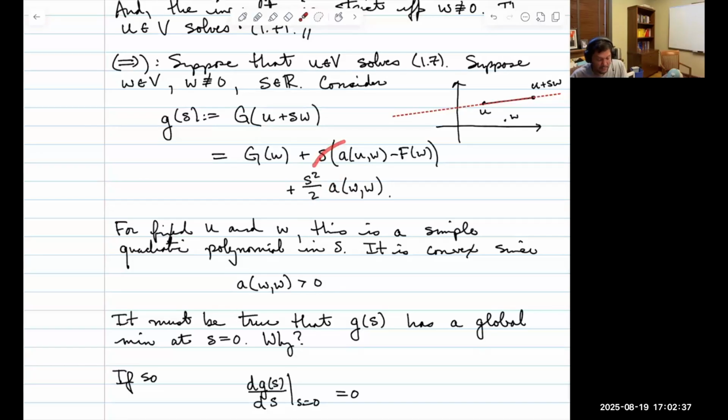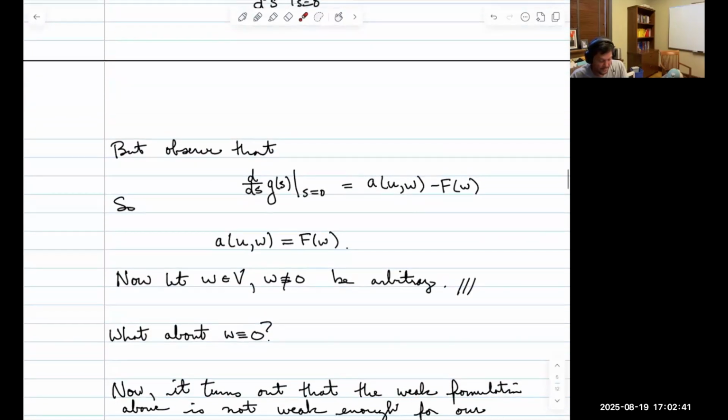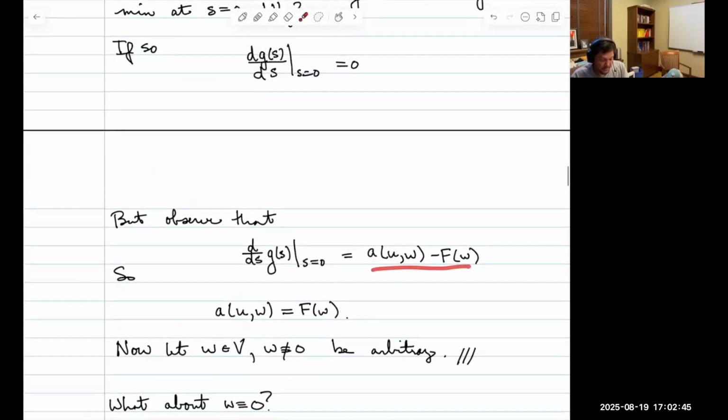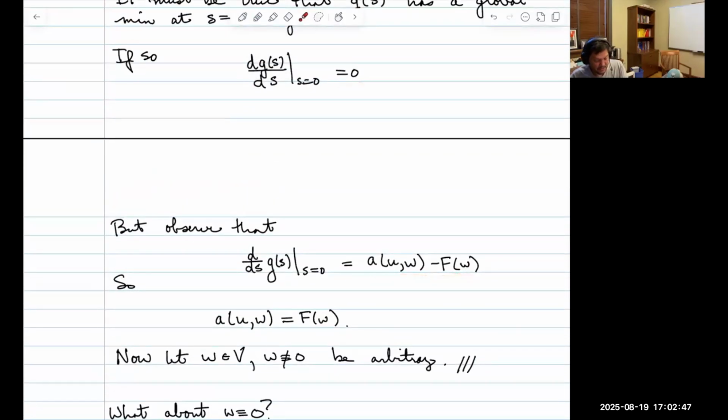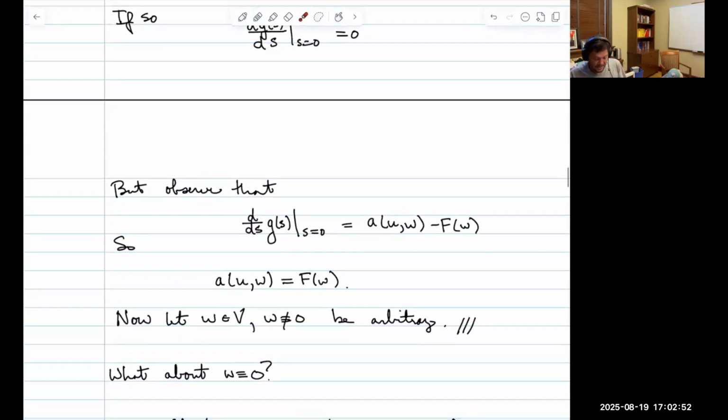This S goes away when I take the derivative, so the only thing that's left is that. So if I take the derivative and set S equal to 0, I get this. But remember I said it must be true that when I evaluate this derivative at S equals 0, I get 0 by the derivative test. So if this is equal to 0, I must have that.